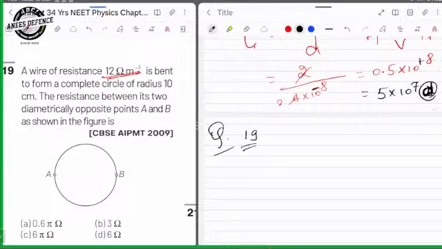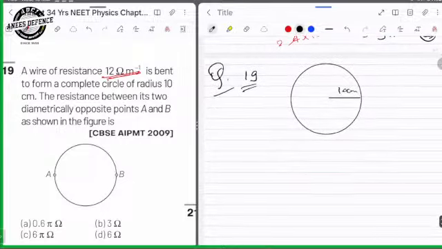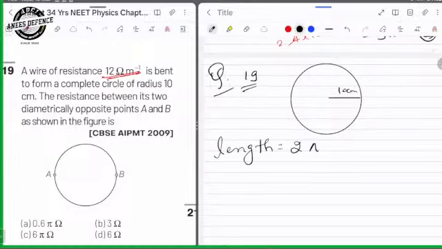The wire is bent to form a complete circle of radius 10 centimeter. So length is 2 pi r, yes or no?